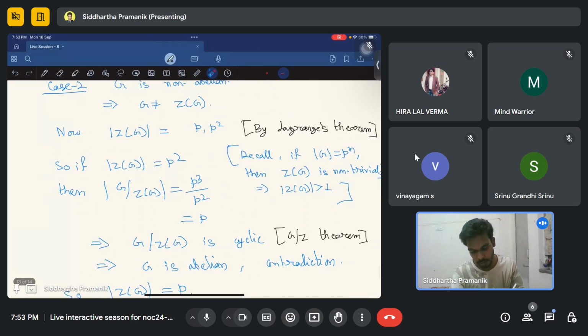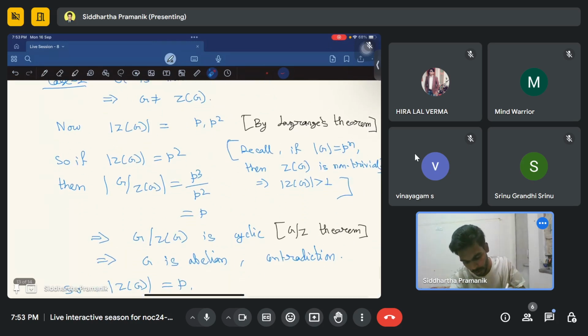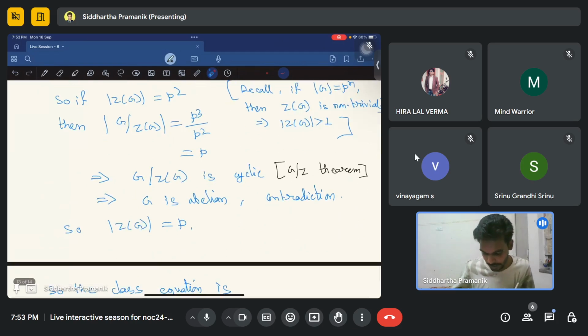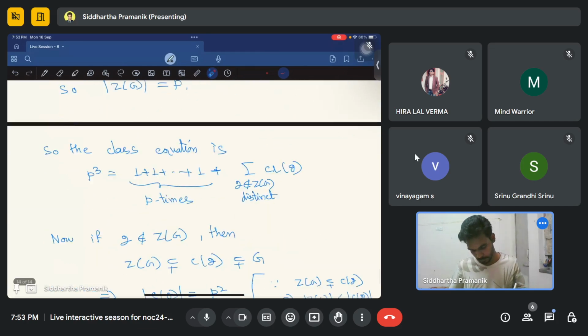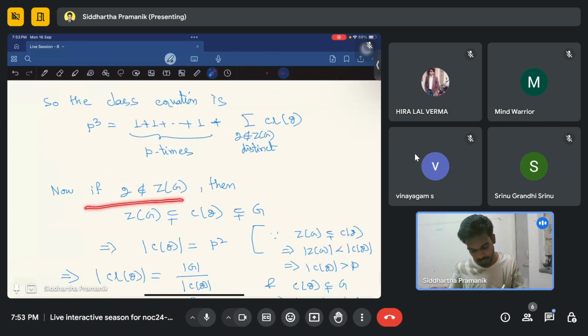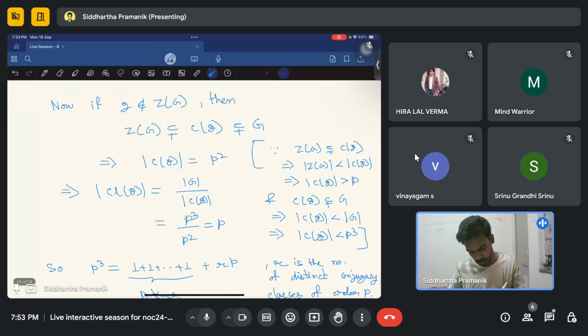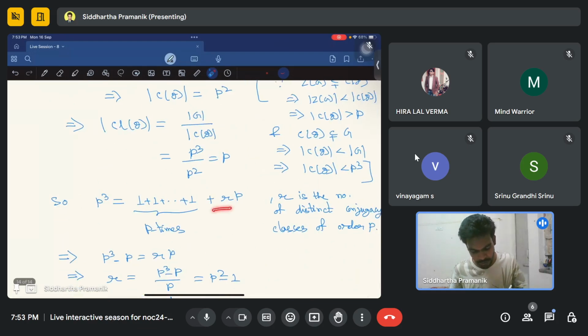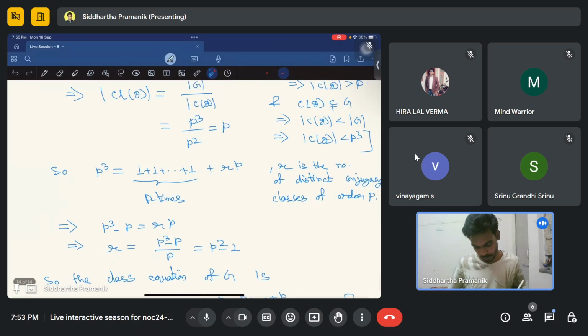When G is non-abelian, we first find the order of the center. Then we distinguish the elements which are not in the center. If g is not in the center, then its conjugacy class has p elements. Finally we need to find how many conjugacy classes of order p there are. So that is the summary.